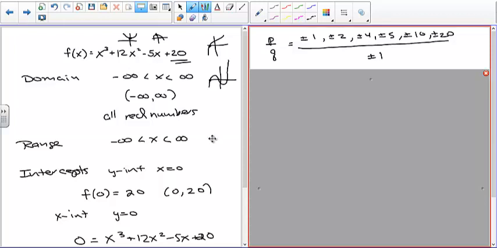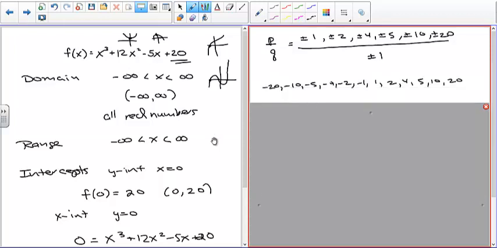And they can be either plus or minus. And then you divide by the factors of the coefficient in front of the highest order term. The factor in front of the highest order term is 1, so you divide by plus or minus 1. So ultimately, what you end up with is 12 possible rational zeros.